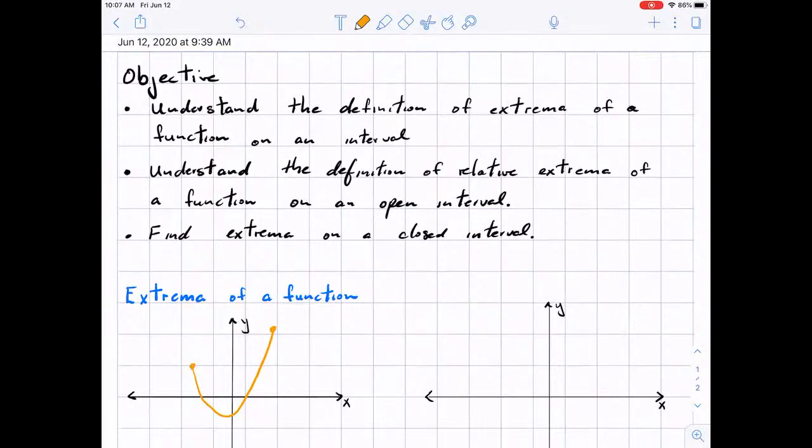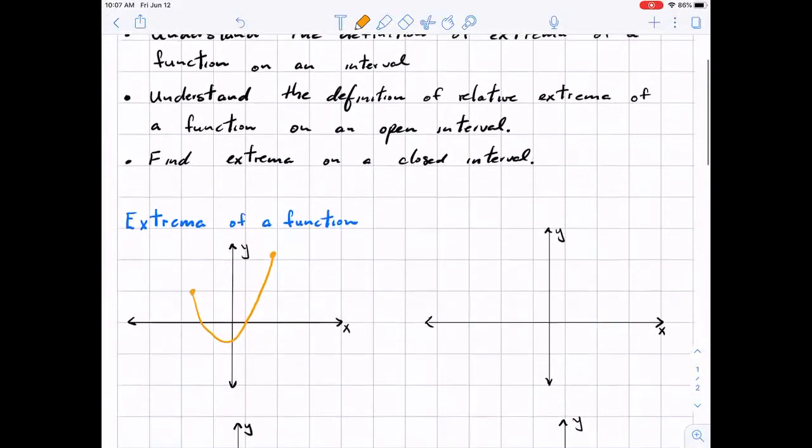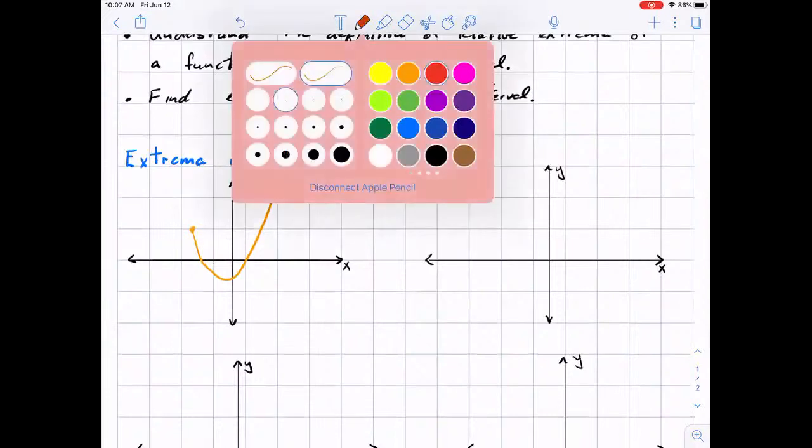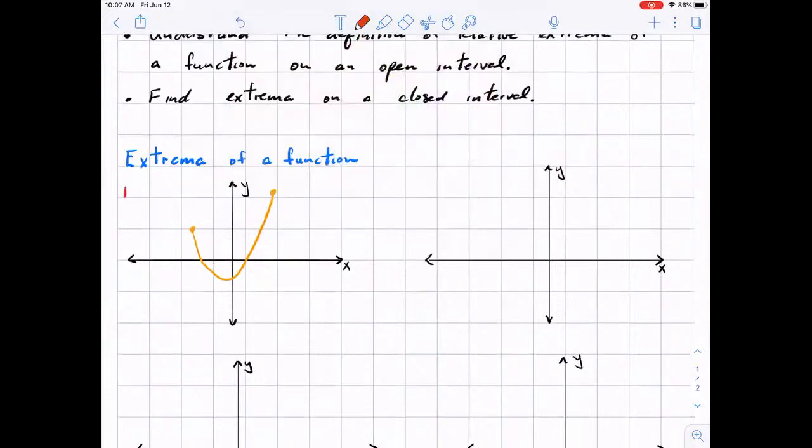So if you look at this graph that I have drawn here, let's call this figure A. You will notice that this point here is the lowest point. And this point here will be your highest point.